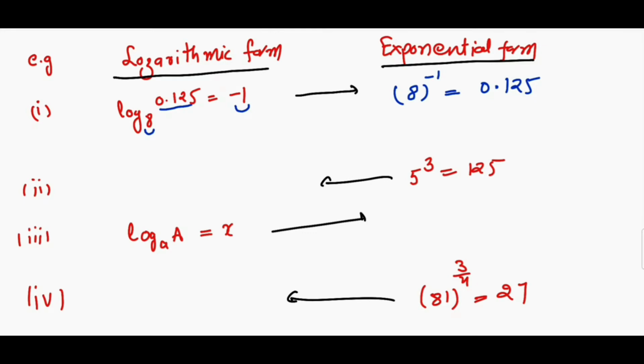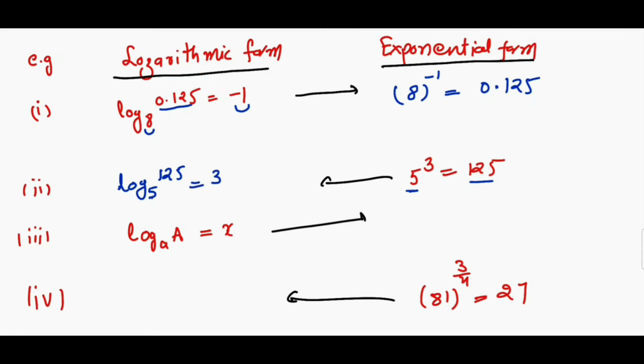In the second question we have this in exponential form, so we can convert this into logarithmic form. We know 5 is the base and this is 125. So this will become log of 125 at base 5 is equal to 3.